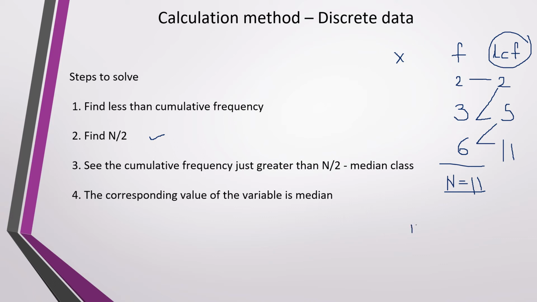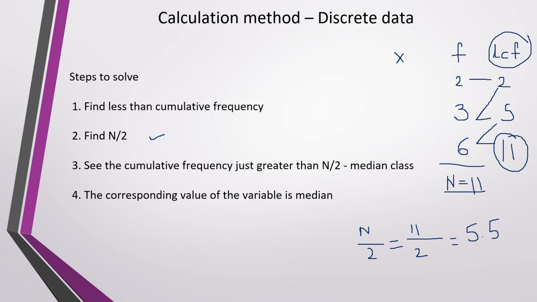So 11 by 2 is what you are supposed to find. How much do you get? You get 5.5. See the cumulative frequency greater than n by 2. Greater than this value n by 2, the value you see here in cumulative frequency is 11.